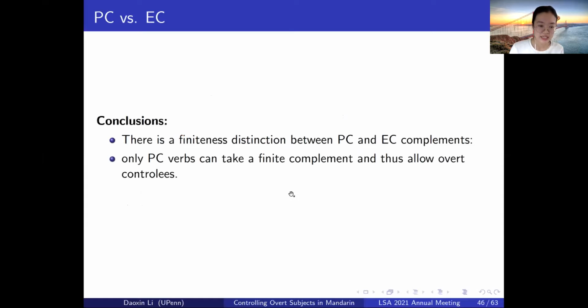So in this section, we argued that there is a finiteness distinction between partial control and exhaustive control complements. And only partial control verbs can take a finite complement. And it also explains why only partial control verbs allow overt controlees.